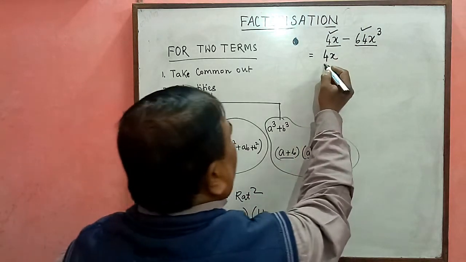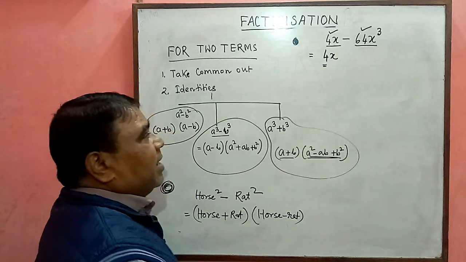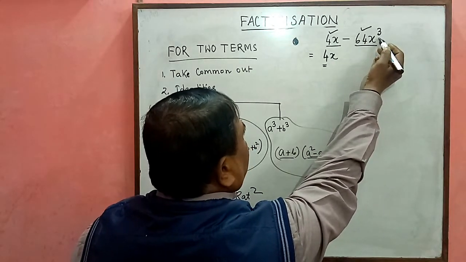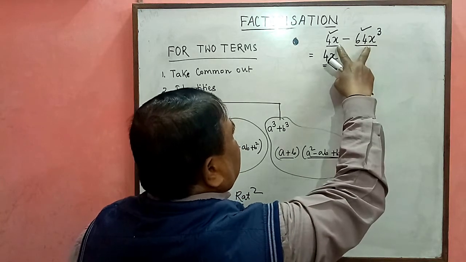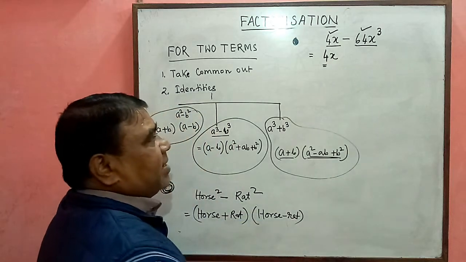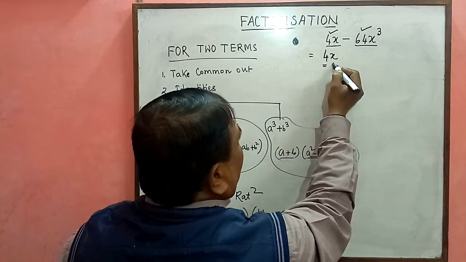So take 4 common here. Then you see x is x and it is x cube. These two terms, x and x cube, are divisible by x. So I have taken another x common.